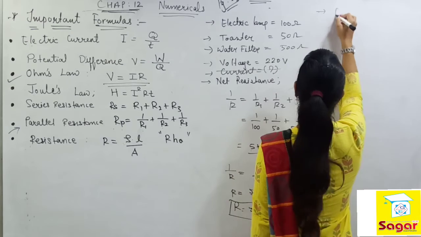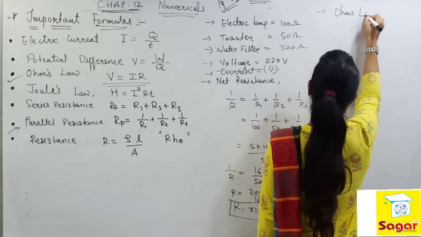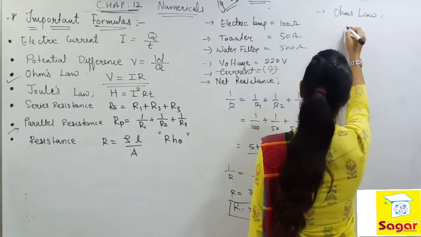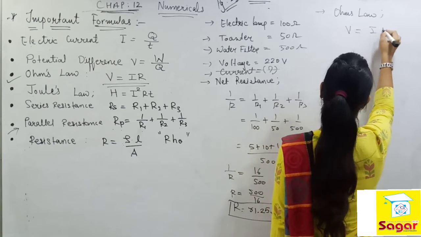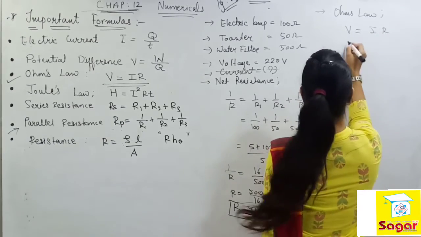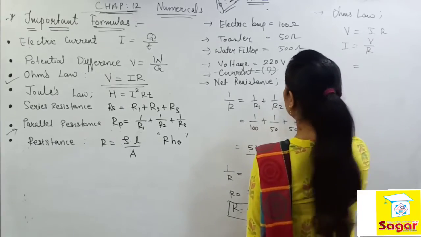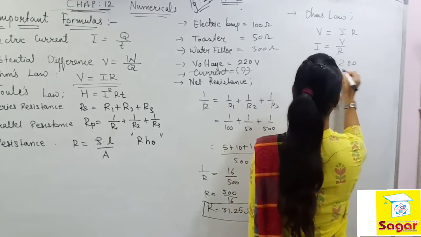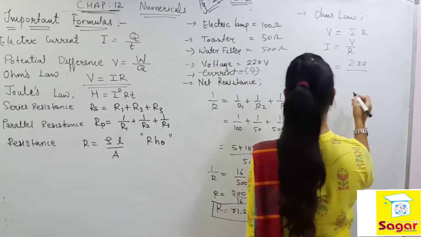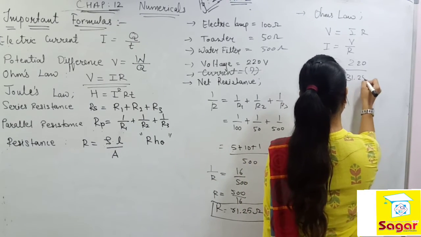So write down here, according to Ohm's law, V is equal to I into R. So current is equal to V by R. So voltage is 220 volt upon resistance 31.25.